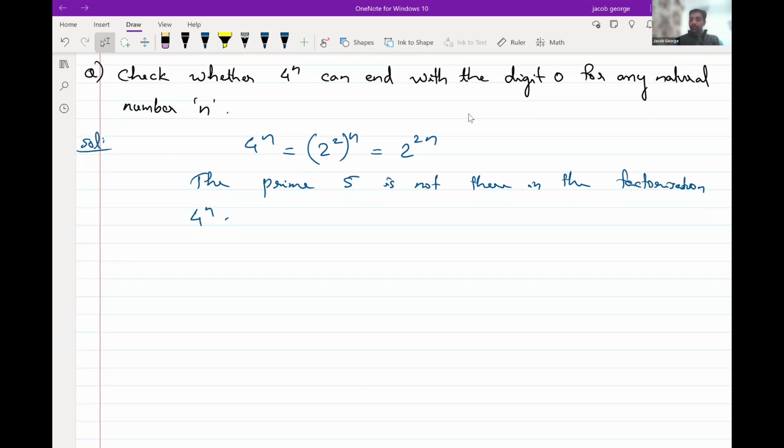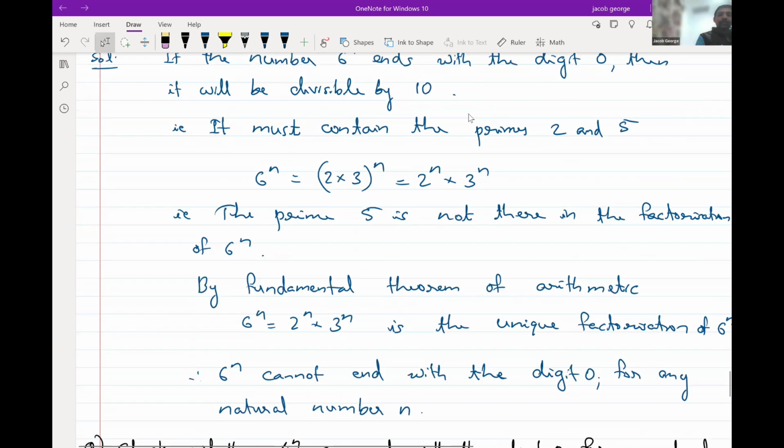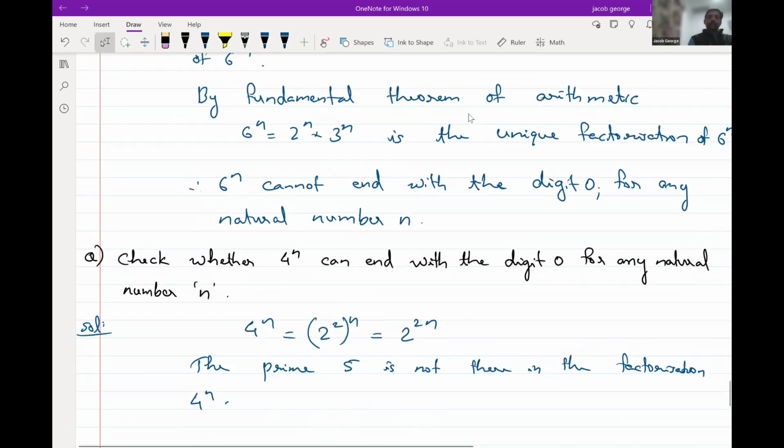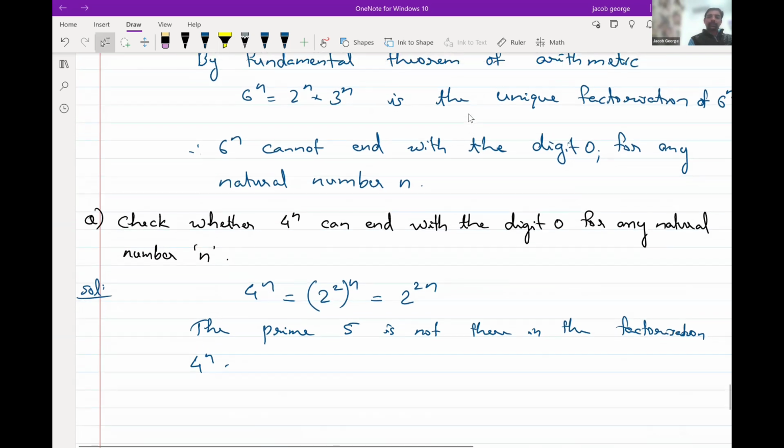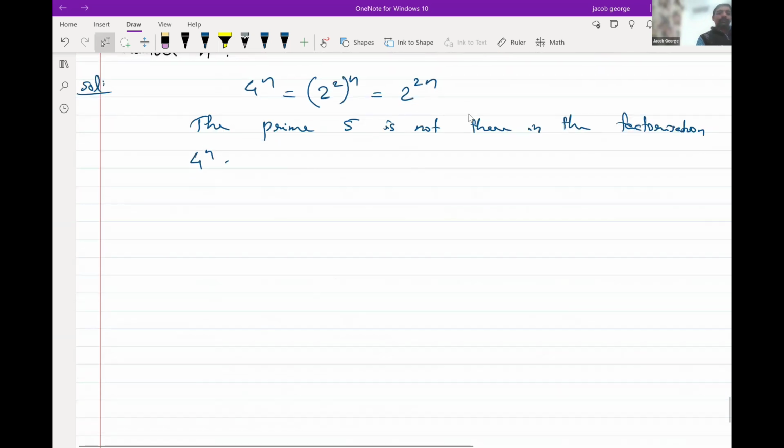Therefore, by fundamental theorem of arithmetic, this is the unique factorization of 4 raised to n.